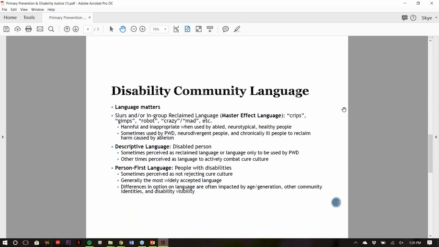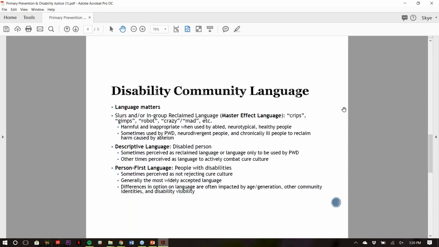Probably the more mainstream debate around language is the difference between using descriptive or person-first language. So descriptive language might be saying a disabled person. Sometimes perceived as reclaimed language, or language only to be used by people with disabilities. Other times perceived as language to actively combat cure culture. Person-first language might be saying people with disabilities. Sometimes perceived as not rejecting cure culture.